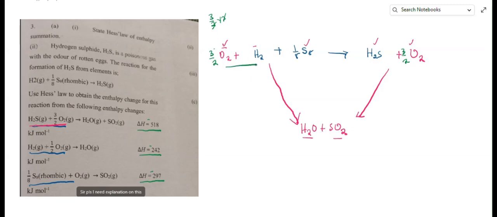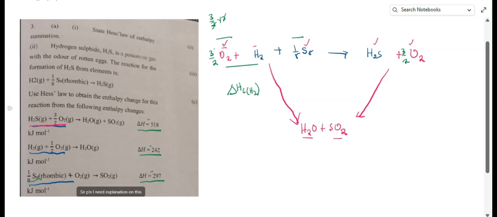It involves this reaction between oxygen and hydrogen. So it means you can say standard heat of combustion of hydrogen gas, and we have oxygen reacting with sulfur, and they give us the value for that here as well.